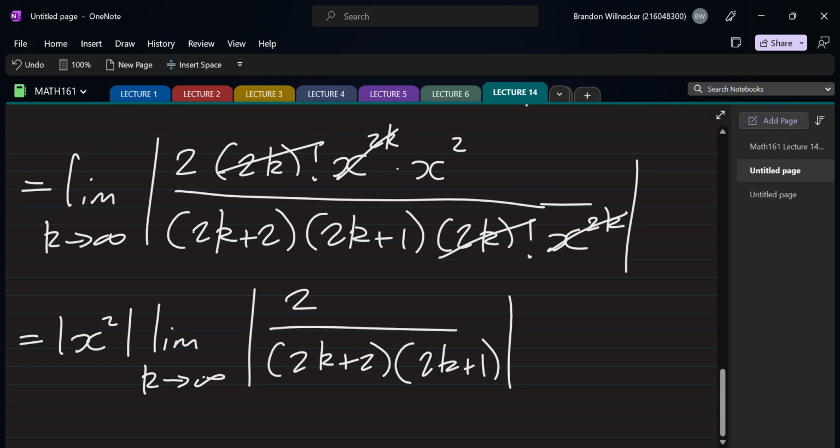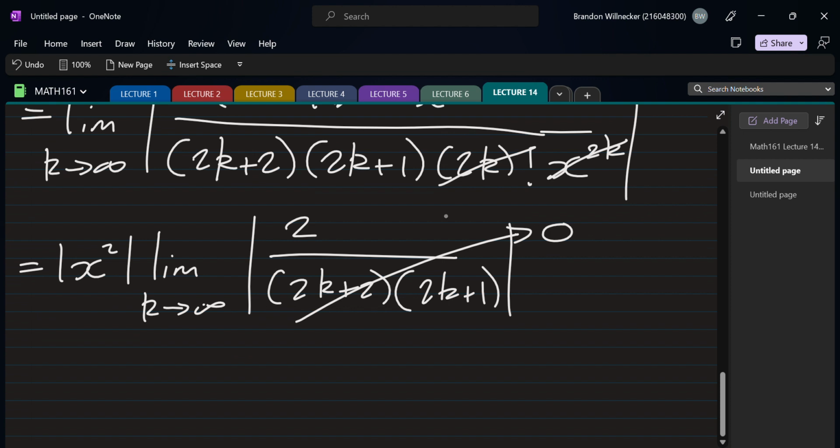Now you can multiply this out if you want to, but notice we're going to end up with k squared in the bottom, and we just have a 2 at the top. So if k goes to infinity, it goes to 0. So you don't need to multiply it out. If you can see it goes to 0, then that's fine. So this goes to 0, which means the whole thing goes to 0.